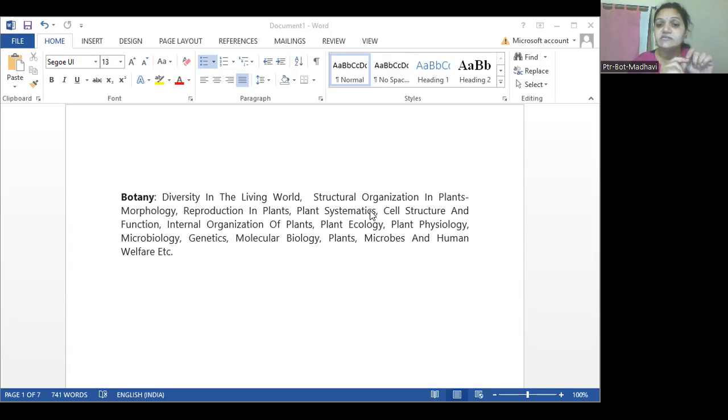And the next one is the internal organization. And apart from this, if you concentrate on plant ecology, which is very useful and the most important one, we can easily score with the topics in plant ecology. And one question is mandatory from the tissues chapter, that is the 12th chapter: xylem and phloem, arrangement of the xylem and phloem, otherwise parenchymatous tissue, sclerenchymatous tissue, collenchymatous tissue.